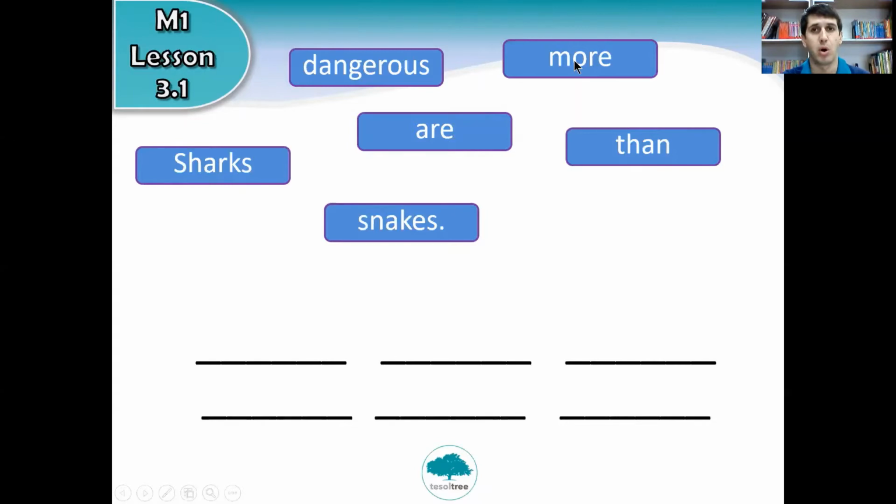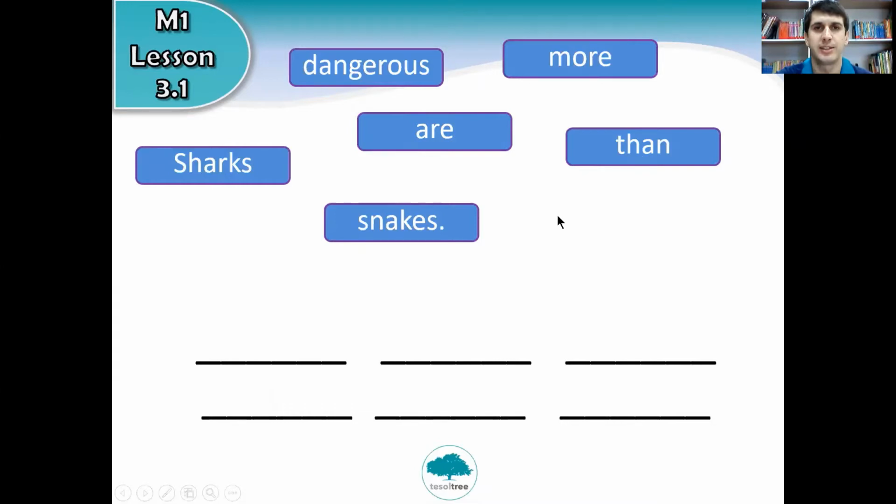That's right, more. So it means it's a long adjective and it is dangerous. So the comparative, more dangerous. But how can we build this sentence? Which word do you think is the first word? Do you think sharks, snakes, are dangerous, more than? Which one? Let's have a look.